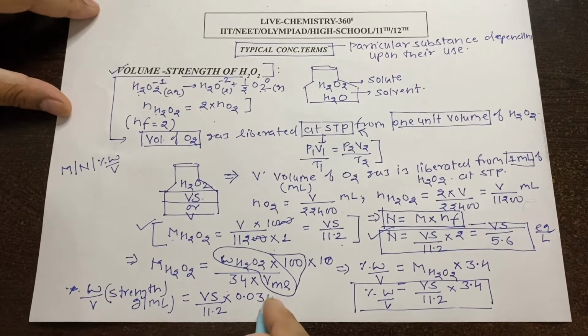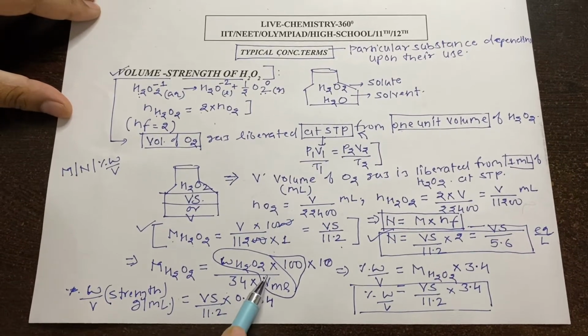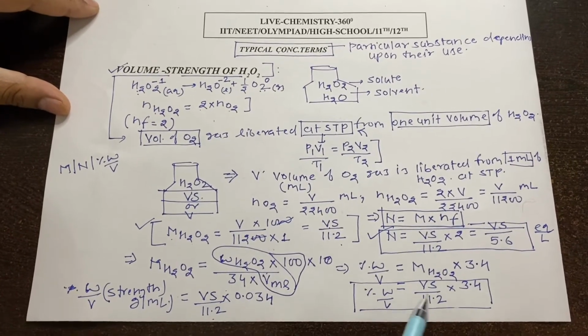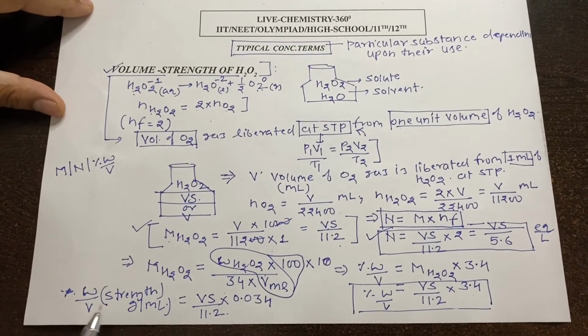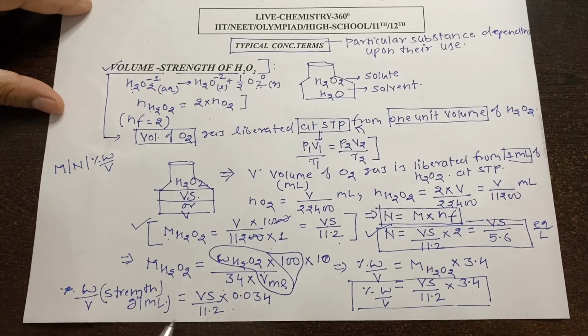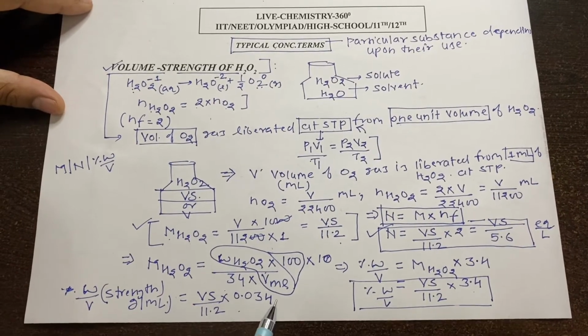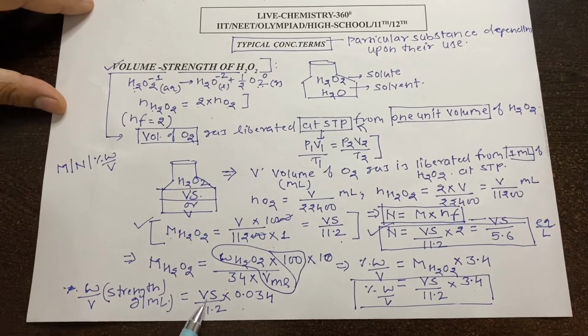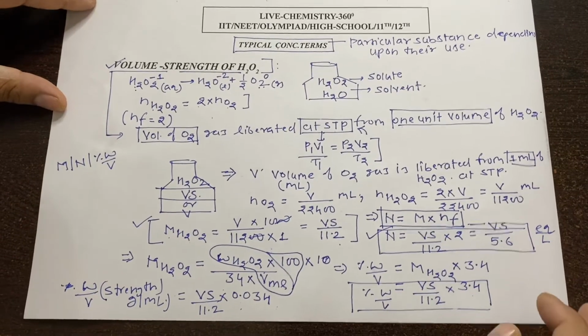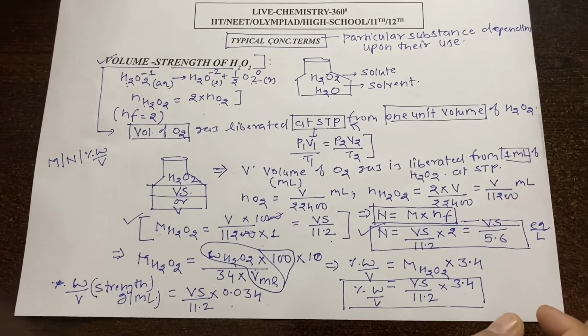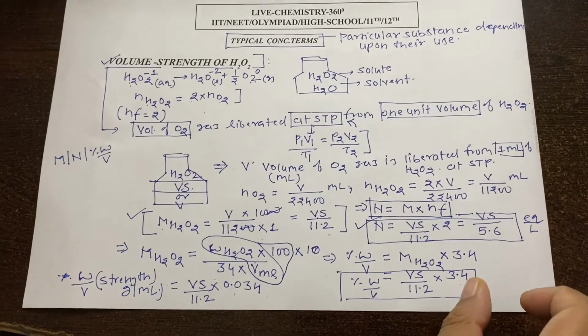We can derive the same relation by using this equation. And if it is required to calculate the strength in gram per liter, we simply multiply this by 1000, so we get Vs upon 11.2 into 34 gram per liter. Let's understand some examples on the volume strength of H2O2.